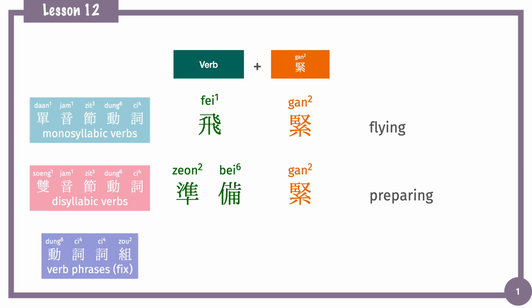For verb phrases, such as 食飯, we will separate the verb and noun in the phrase, and then add the aspect marker directly after the real verb. And then the noun will be added after the aspect marker. Like 食飯 becomes 食緊飯, eating.